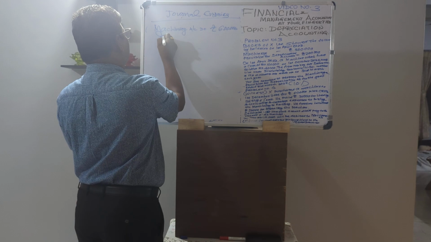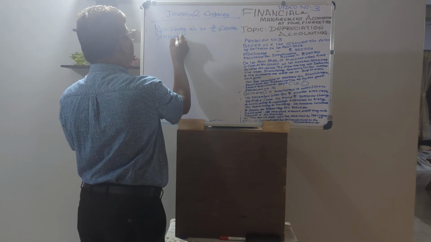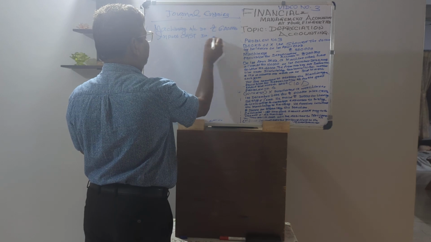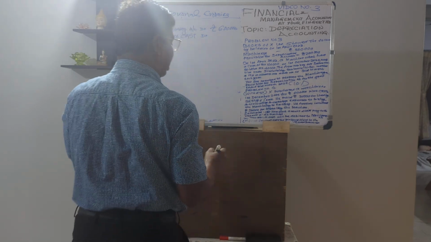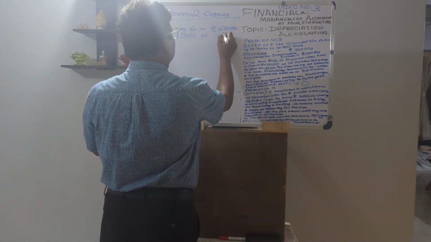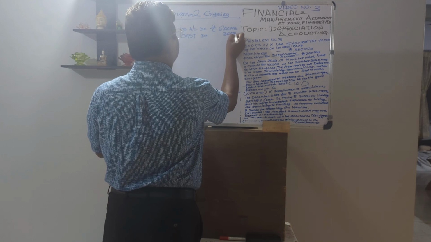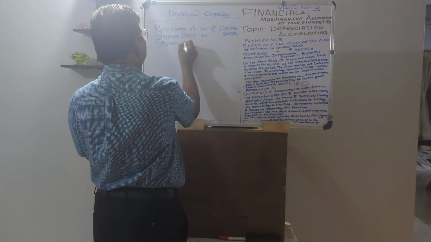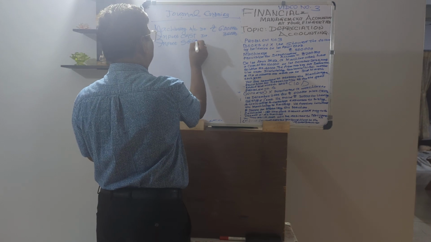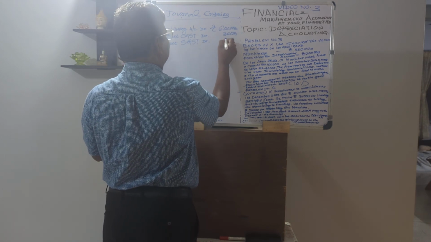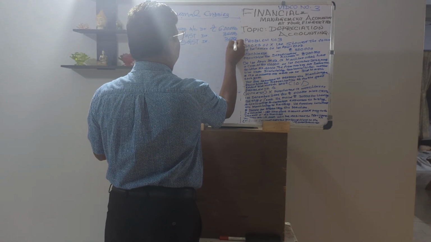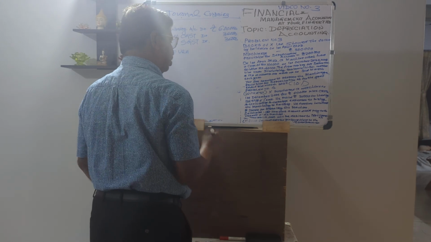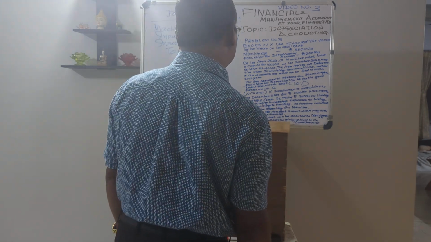Then input CGST at the rate of 6% means 36,000, plus input SGST, the same amount, 6%, 36,000, to vendor's account.